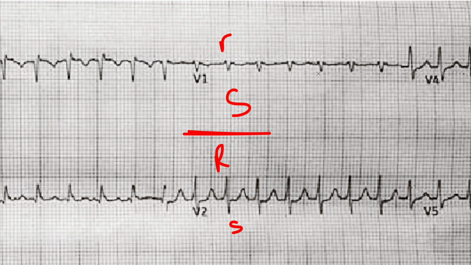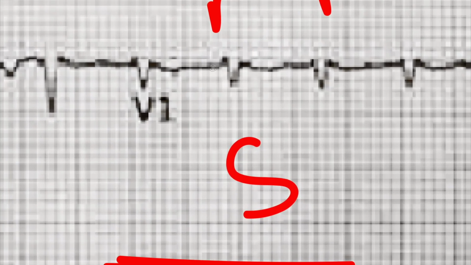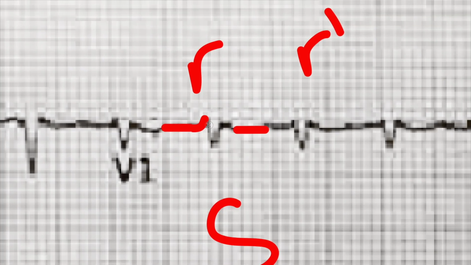So I'm looking at lead V1, and what I'm looking for here is R prime. If I zoom in here as much as I can, you can see this is your baseline, and you can see a deviation here, which I would call R. Then it goes down into this S wave, and there is a little bit of a deflection or a depolarization above the baseline.